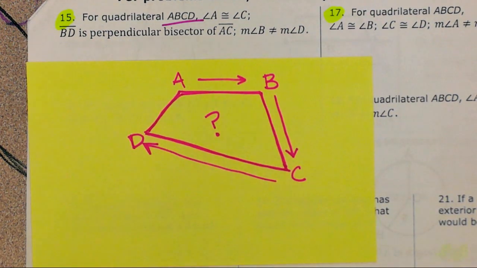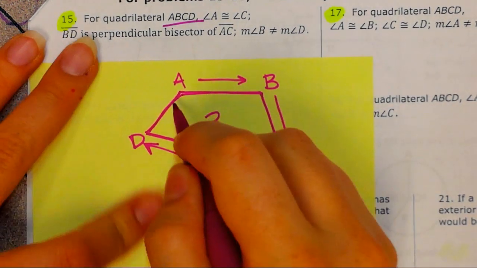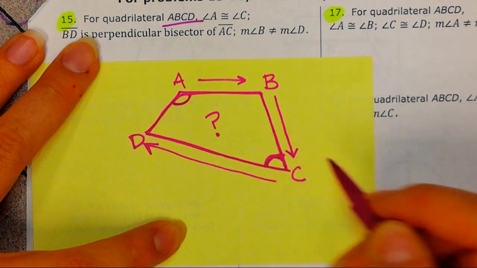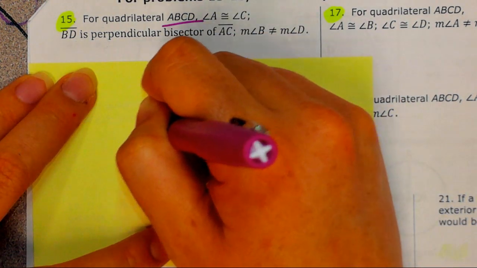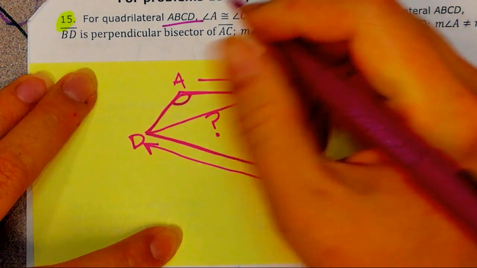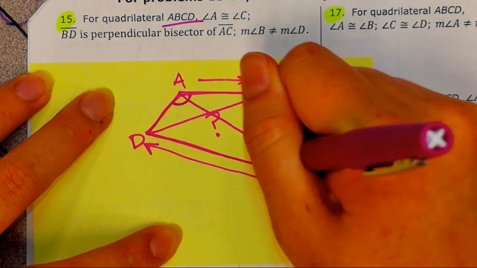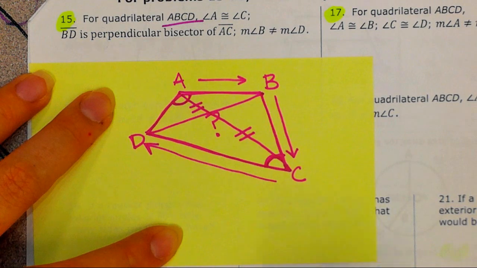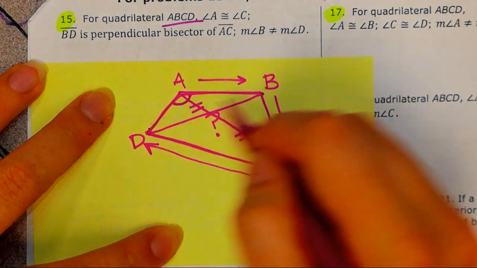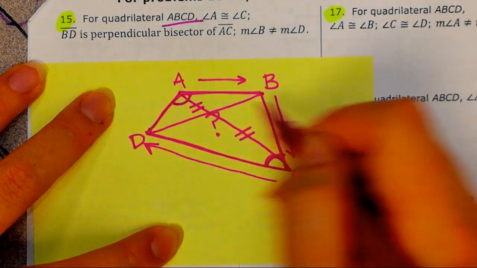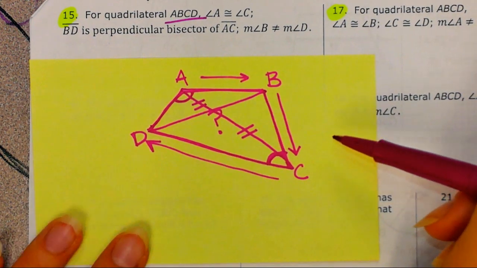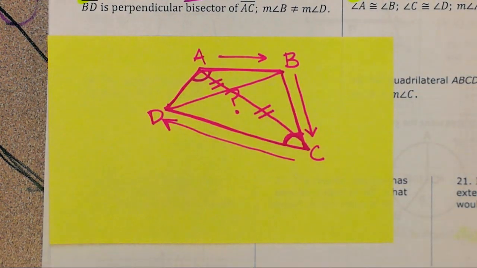Okay. All right. So it tells us that A is congruent to C. It tells us that BD is the perpendicular bisector of AC. And then it tells us that angle B and angle D are not congruent. Now, even though this looks weird because I drew it, now I'm able to see something.